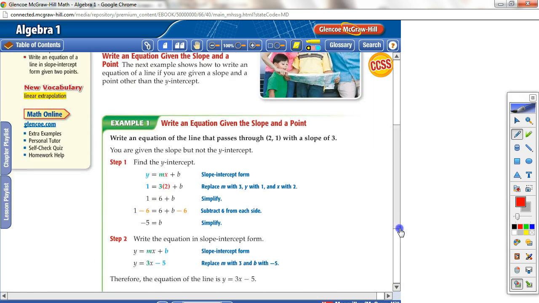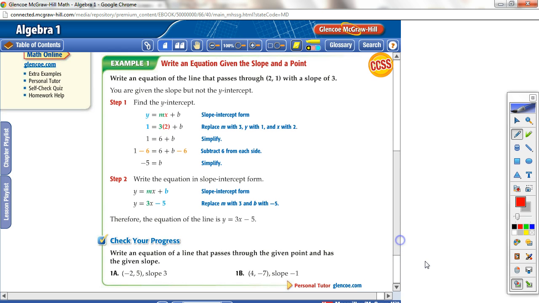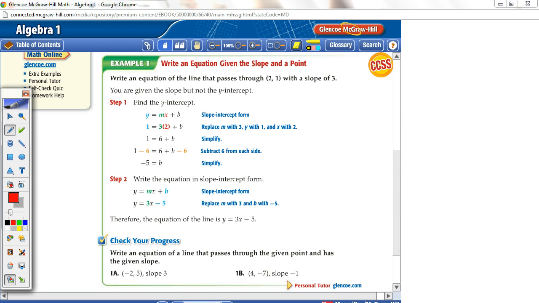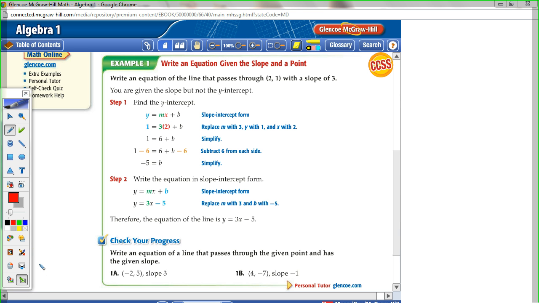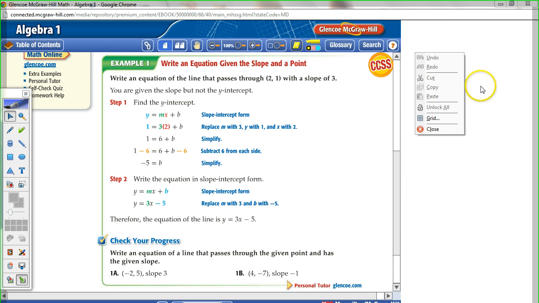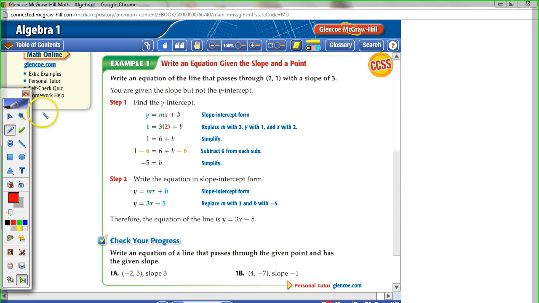Alright, so in section 2, when they ask you to write an equation given a slope and a point, again, you want to write y equals mx plus b.